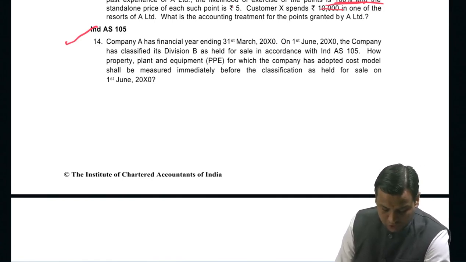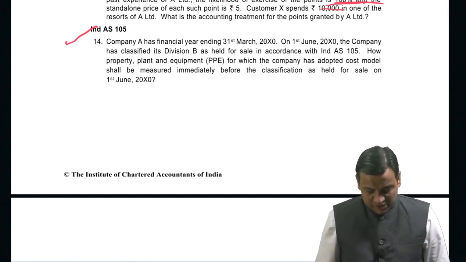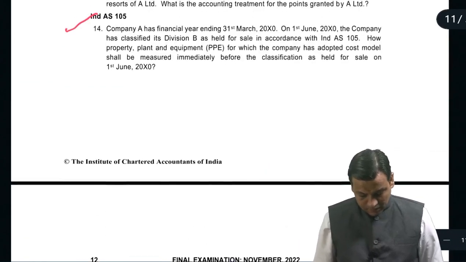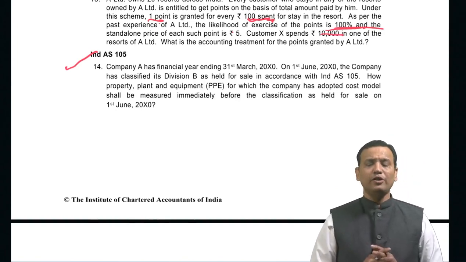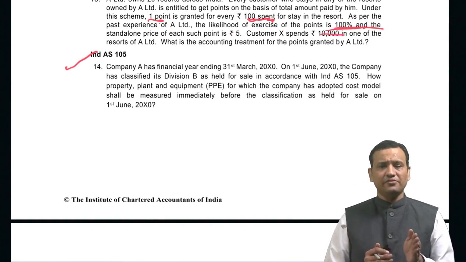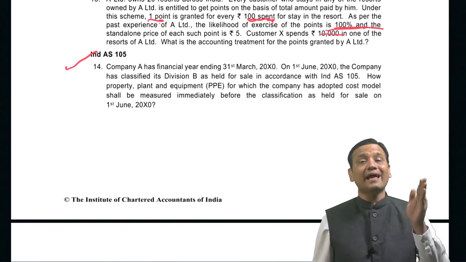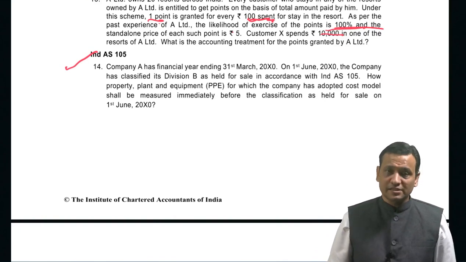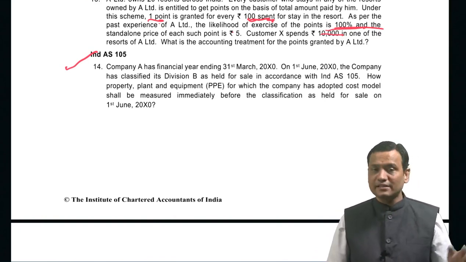Now friends, as per the principles of Ind AS 105, whenever you classify an item as held for sale, what are we supposed to do? The moment you classify an item as held for sale, on the date of classification, we should measure that item using the principles which are applicable to that item. In the sense, it may be Ind AS 16 or Ind AS 40 or Ind AS 38, that is intangible.